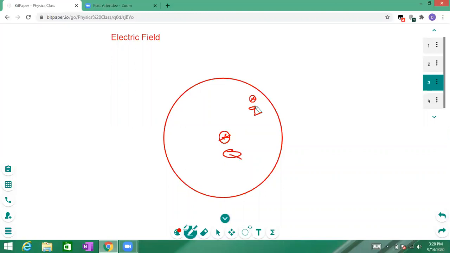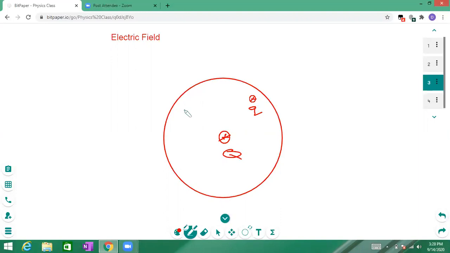So now this small q charge will feel the repulsion due to the capital Q charge. But outside the region, this small q charge will experience no force due to this capital Q charge.